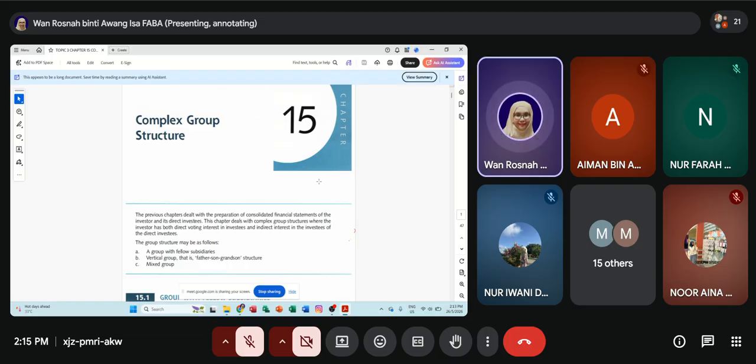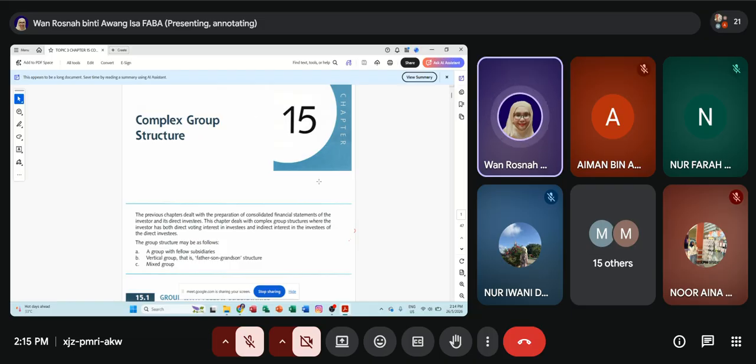Okay, so this topic 3, we are going to explore another accounting treatments on the complex group structure. In this topic, we are going to learn how to prepare a consolidated balance sheet and consolidated financial P&L, CFS for different group structure.